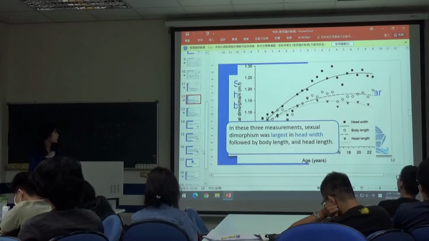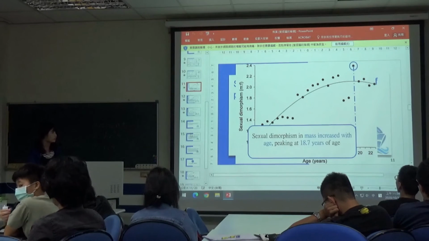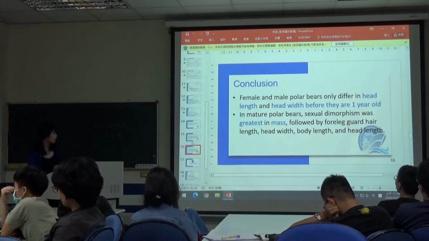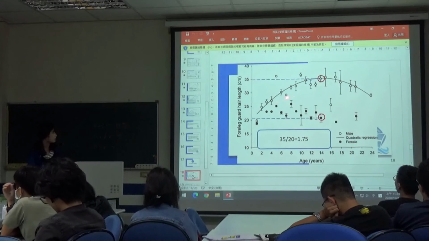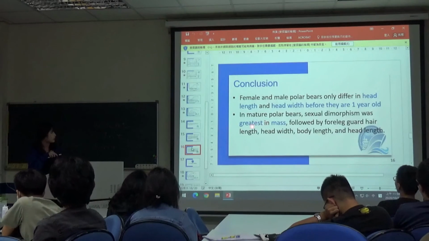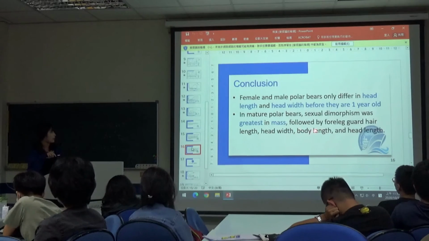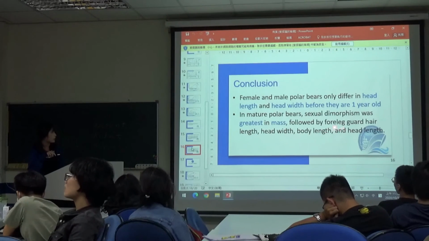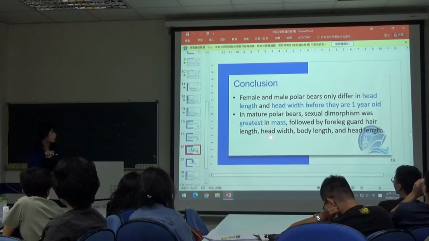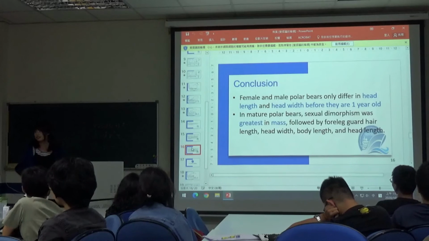So you can see mass, at 2, is the largest. This one is second. So you can get this conclusion: the greatest in mass, followed by foreleg, guard hair length, head width, body length, and head length.